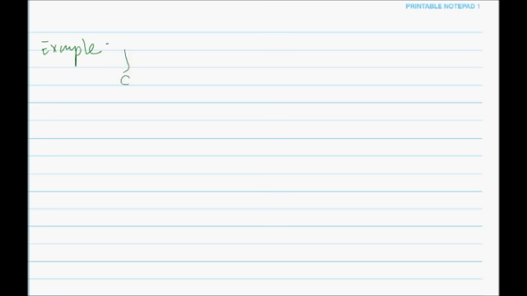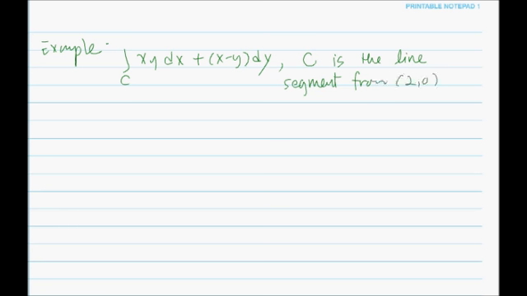So let's look at this line integral of xy dx plus (x minus y) dy, and C is the line segment from (2, 0) to (3, 2). We don't have a parameterization, but we at least were told how it was oriented. So that's the important part.